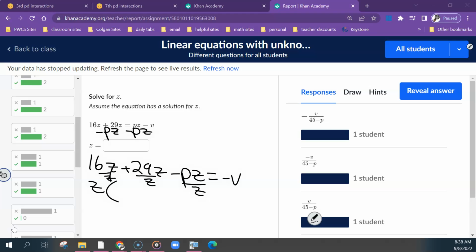What would be left is just 16 plus 29 minus p, because I've taken out all of these z's. I can combine my like terms in here. I'm assuming 45 is what we get from that.